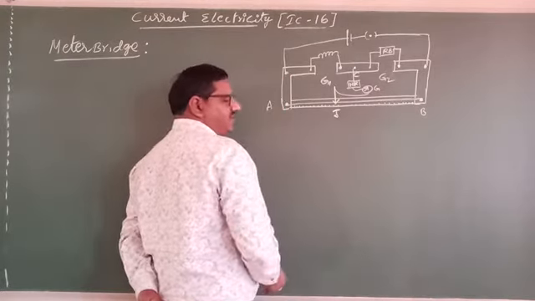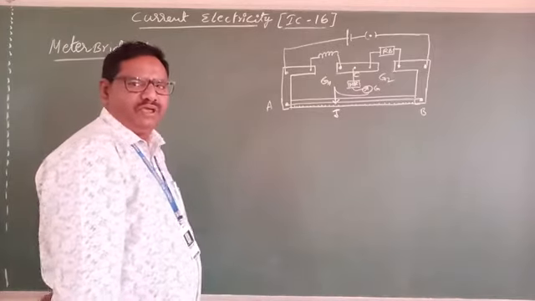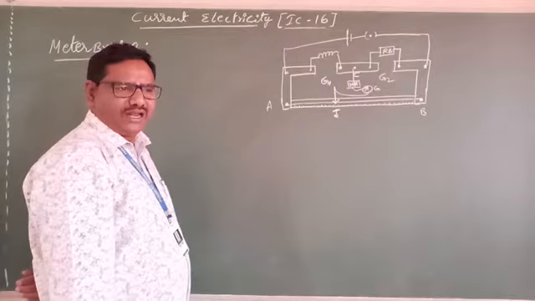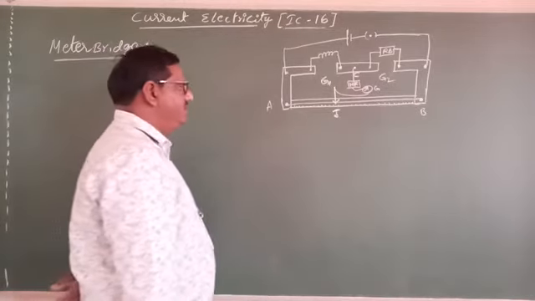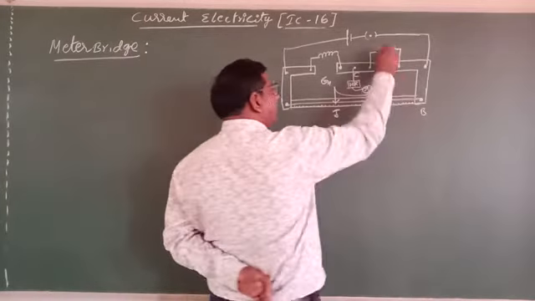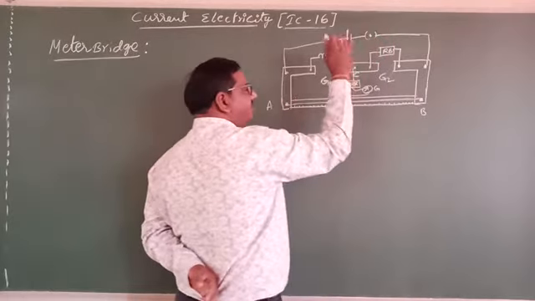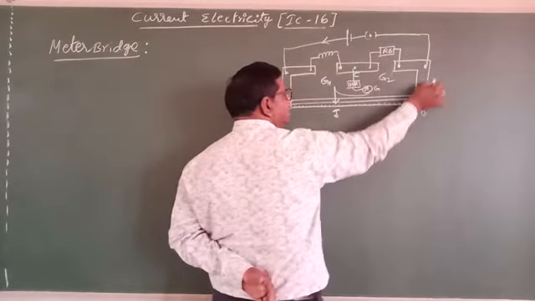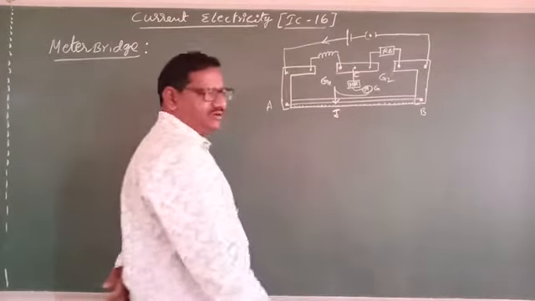To check whether the circuit is proper or improper, there is a very simple test: insert the key. While you insert the key, the current will flow across the entire circuit.